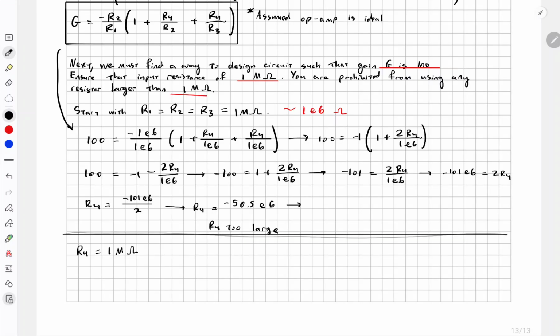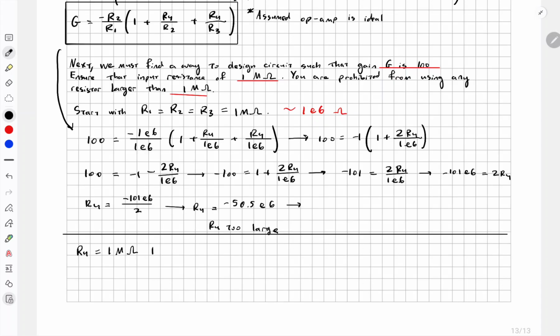Like I said, this is an iterative process. And now we can find the other resistor values. So again, this iterative process involves we pick 3 resistor values, all the same, and then we solve for the 4th resistor. So if R4 is 1 mega ohm, then we do the same thing as before.